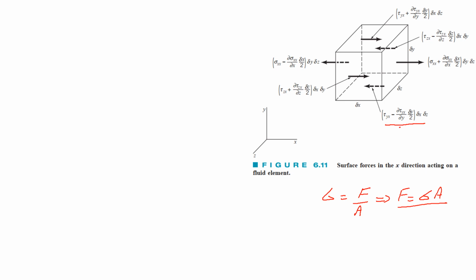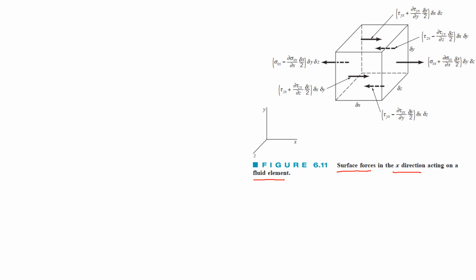This term represents the stress, the shear stress, and this term represents the area. So this was the generalized notation: the terms you are seeing that are being applied on this cube are represented in the form of forces, and these are the surface forces in the x direction acting on a fluid element.